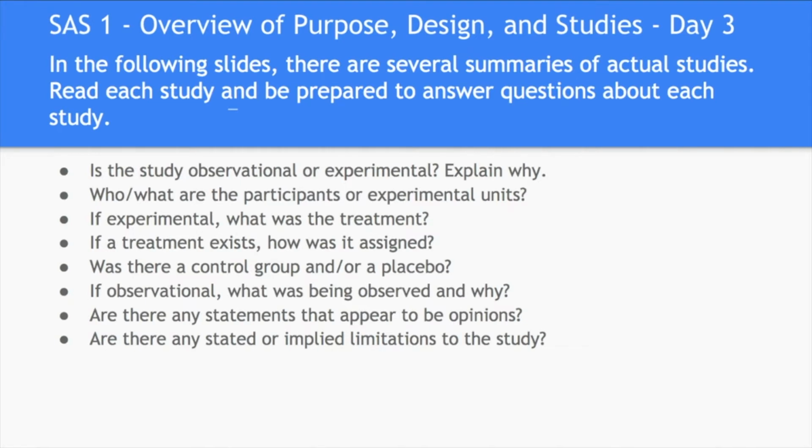Are there any stated or implied limitations to the study? That's a little more difficult. You have to look at each study and deep dive into it and figure out exactly what is implied and what is stated. Okay, it has to be understood. Coming back to that last question, whether a statement appears to be opinions, you're going to have to really pick and choose those to figure it out.